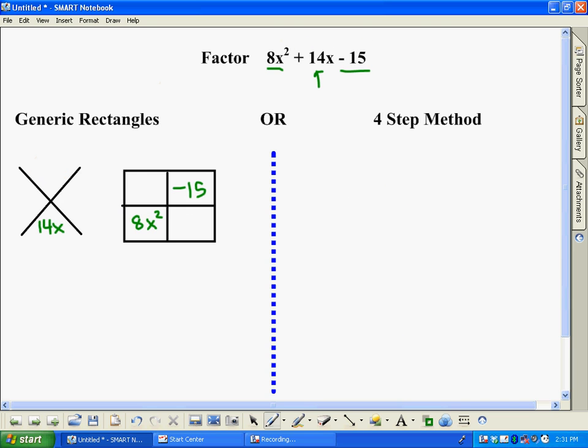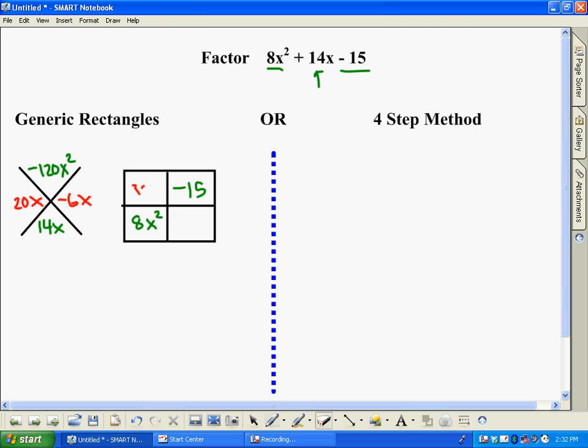So this is going to be negative 120x squared. So we're looking for what multiplies to be 120 but has a difference of 14. And as it turns out, it's 20x and negative 6x. 20 times negative 6 gives me negative 120. 20 plus negative 6 is 14. So these numbers go here.